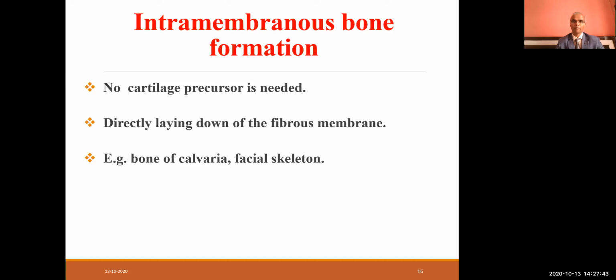In the calvaria, we know that the base of the cranial skull is formed by endochondral bone formation, and the outer part, the calvaria, by intramembranous, like the frontal bone, petrous part of temporal bone, and squamous part of occipital. They are formed by intramembranous ossification.